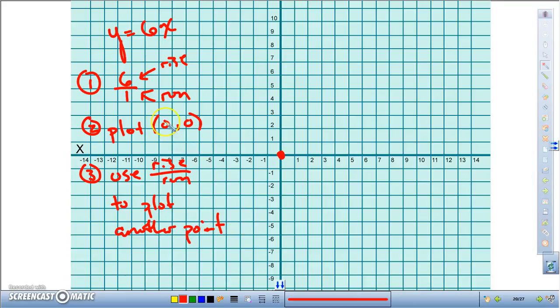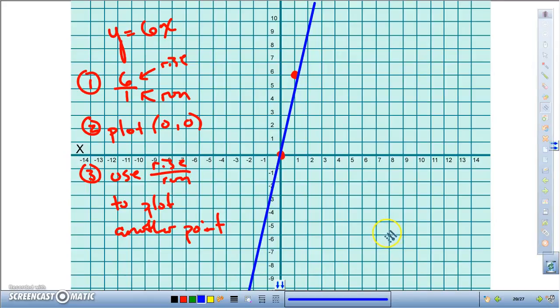So from the origin, I'm going to rise 6, run 1, and plot a point there. And then, lastly, draw a line through your points.